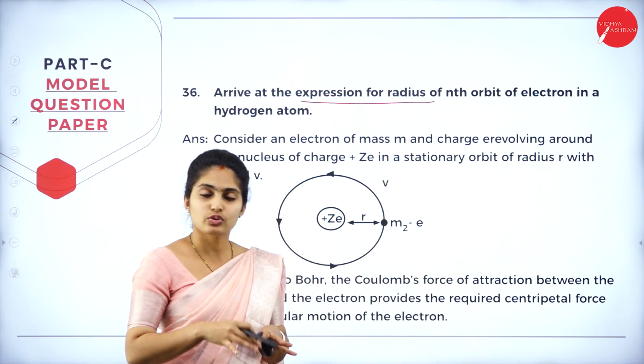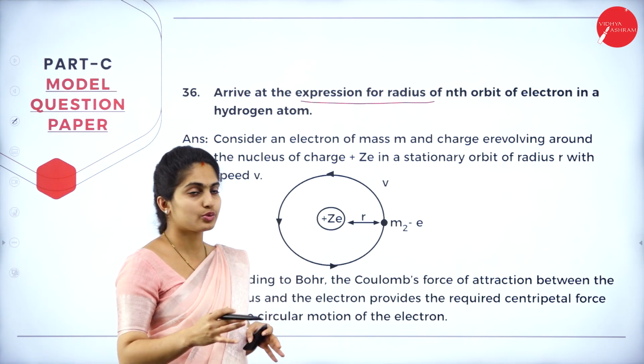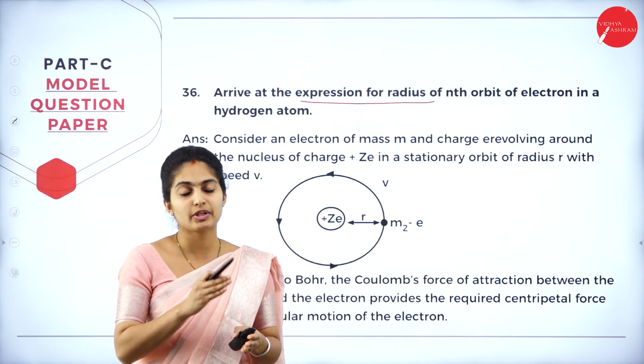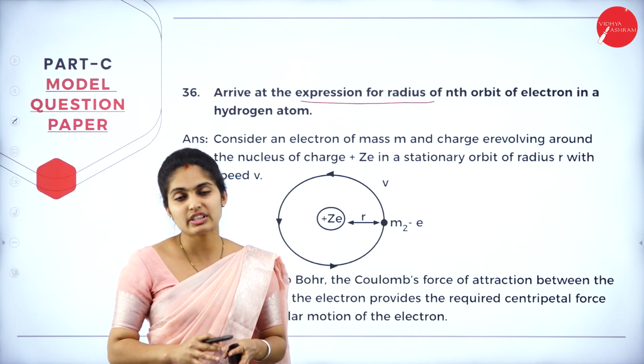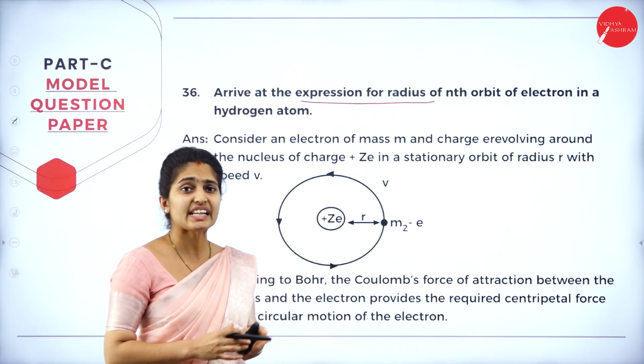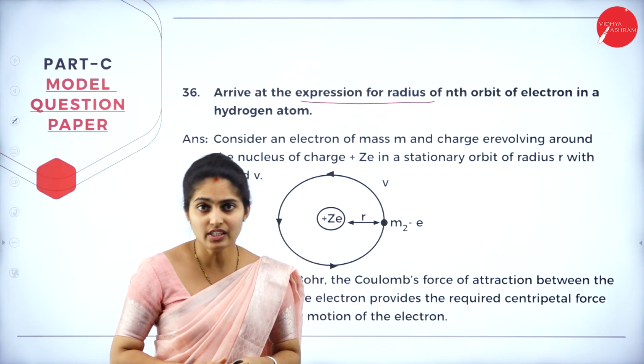They might ask about the radius or the orbital velocity. Total energy, probably they may not ask, because it's a very long derivation consisting of 5 marks. So the probability is more for the radius of nth orbit of electron or your orbital velocity.